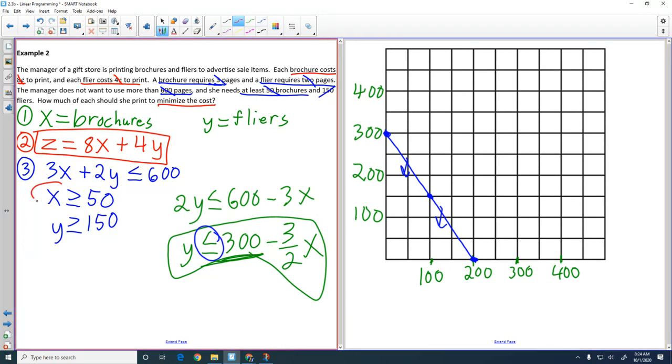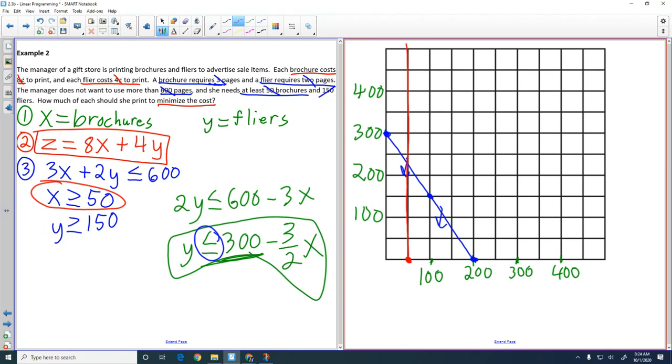All right, I'm going to graph this. X is greater than or equal to 50 in red. So that's an X. I go on the X axis to 50 and put a dot. That's right here. And we're going to draw a vertical line cutting right through that point. And it is a solid line because it's or equal to. So we're drawing this vertical line right through the part where X is 50.